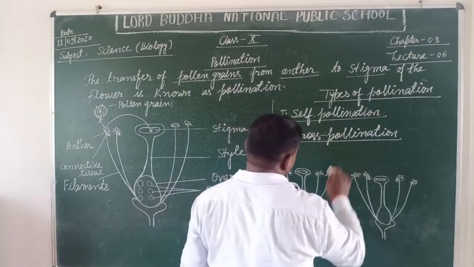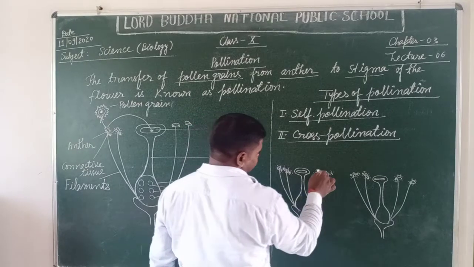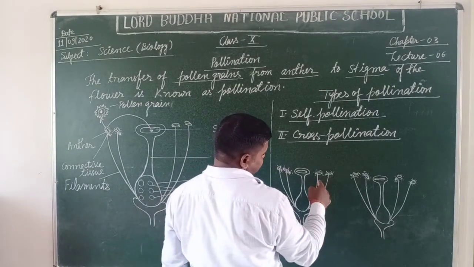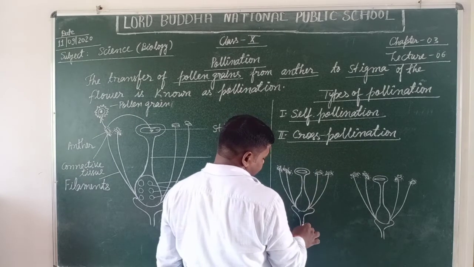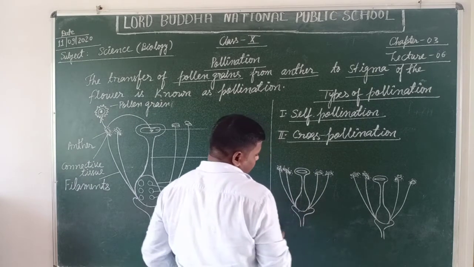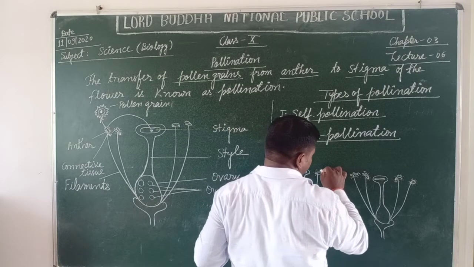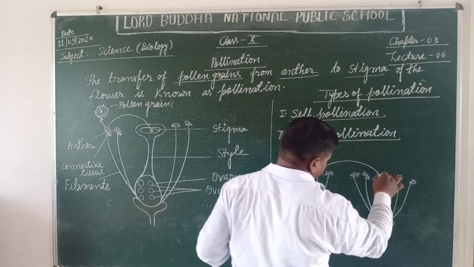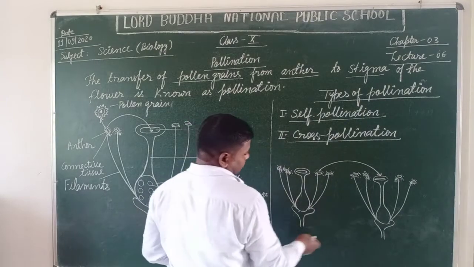During cross-pollination, what phenomenon takes place? Here the pollen grains from a neighboring flower are transferred to the stigma of another flower, like that.